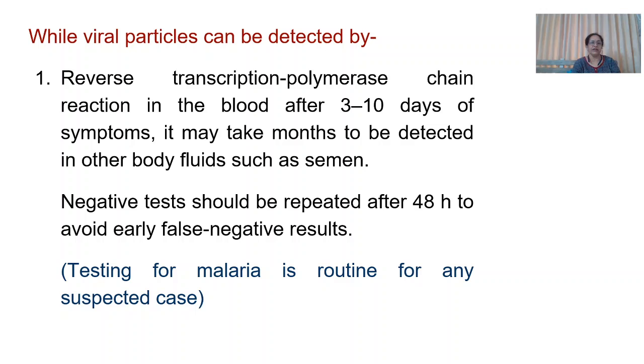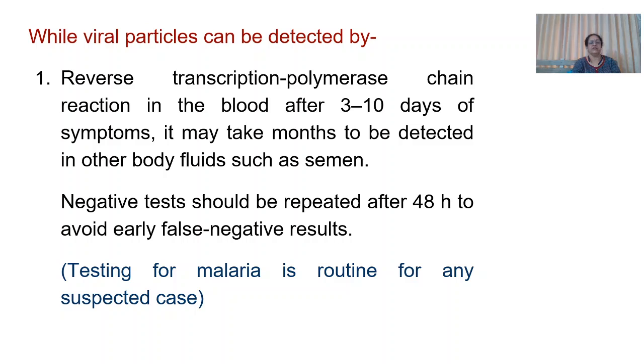This is in the blood after 3 to 10 days of symptoms. It may take months to be detected in other body fluids such as semen. If there is a negative result of this RT-PCR, the test should be repeated after 48 hours. This is to avoid early false negative results.